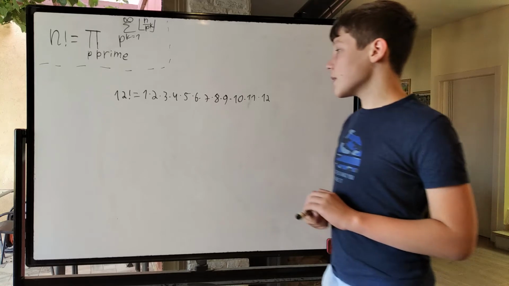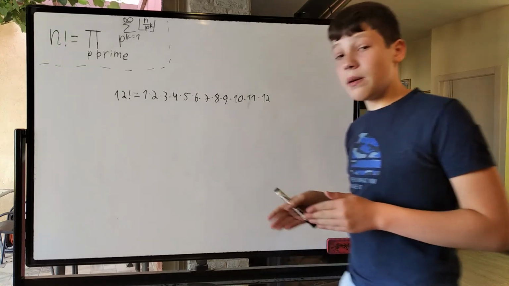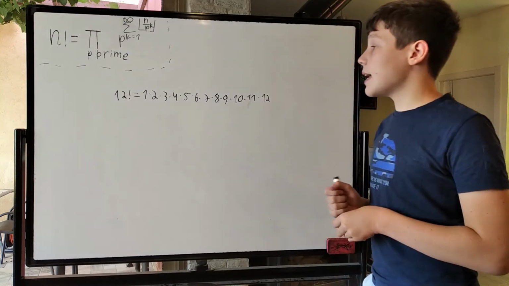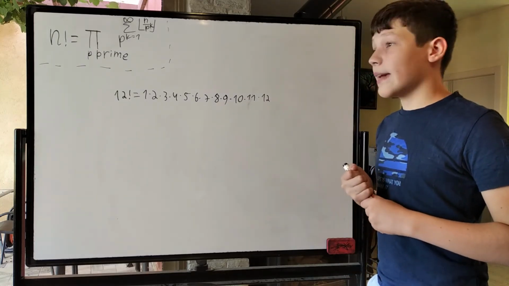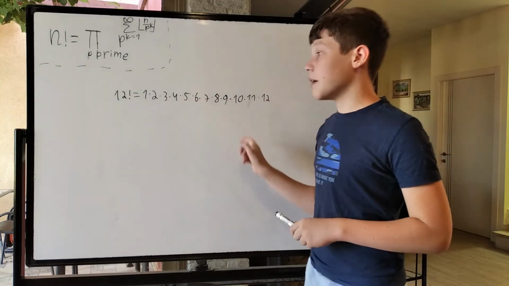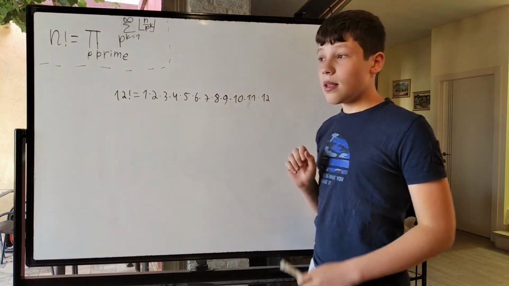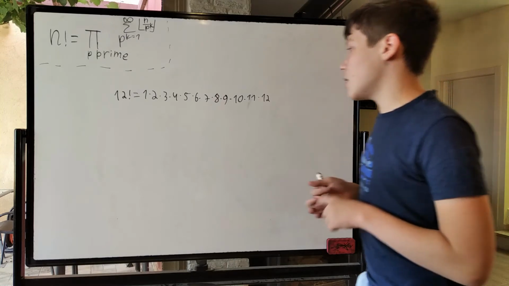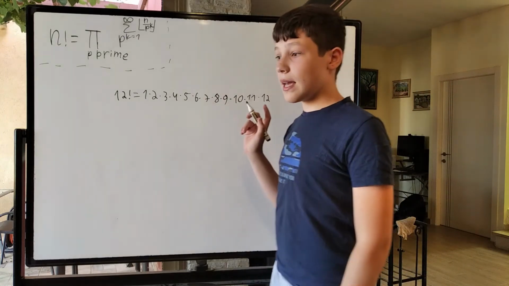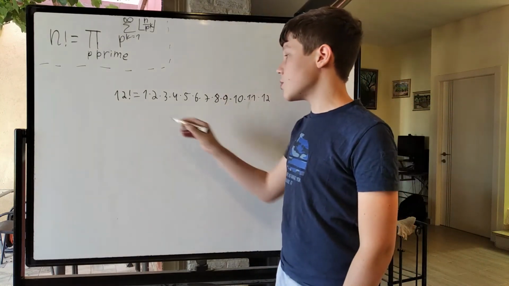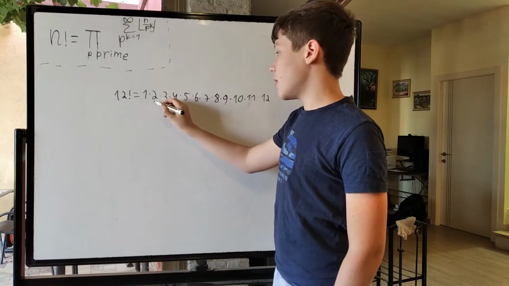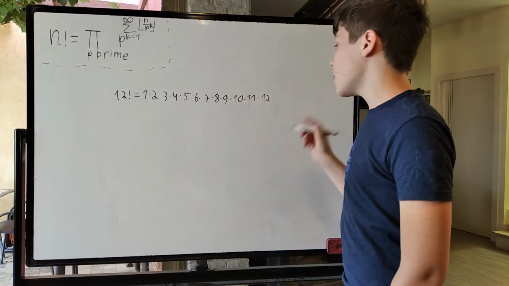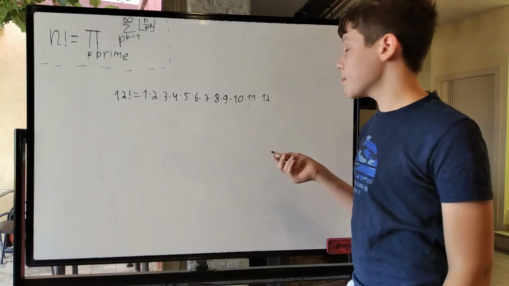So first of all, obviously, every second number is even. So, which means that we need to account for every second number, account for 1 power of 2. So we need to get the amount of 2's as the amount of numbers divisible by 2 smaller than or equal to 12.